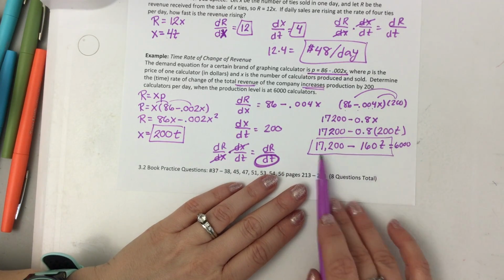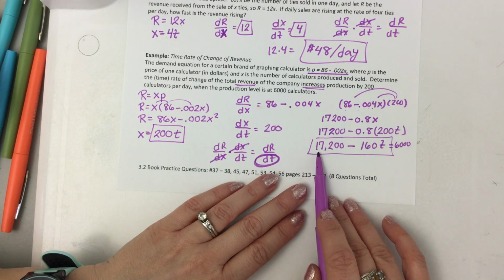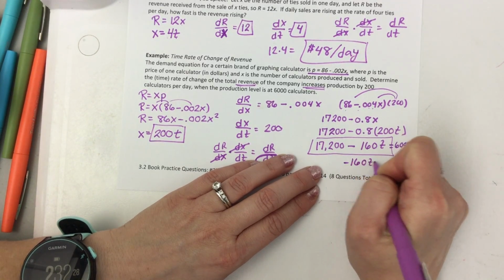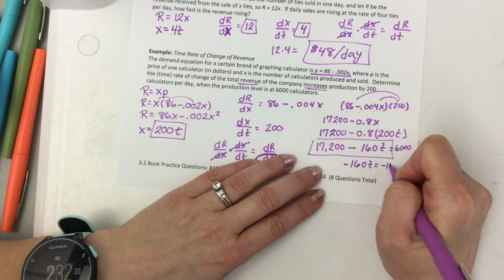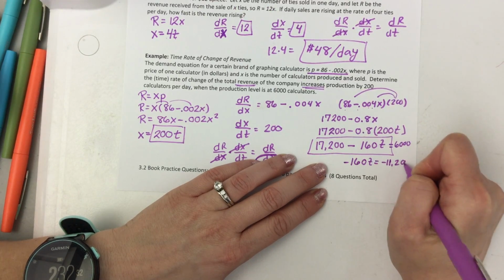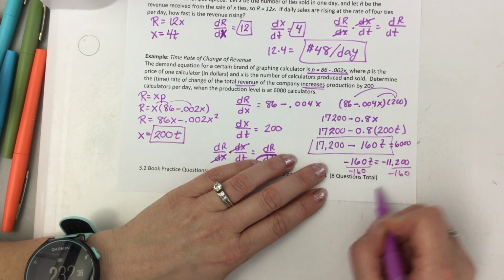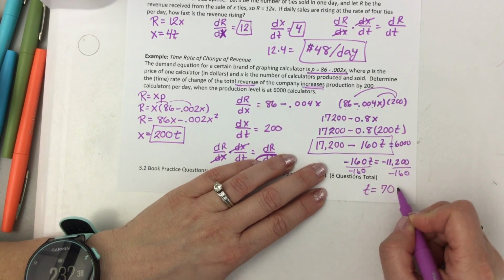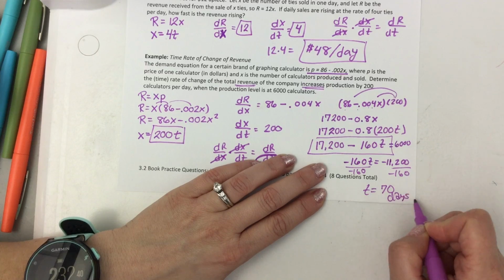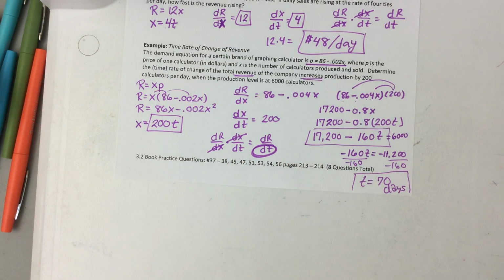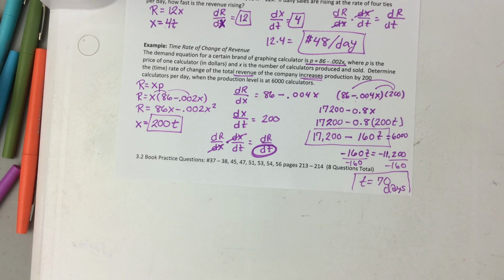So now I'm just solving. If I subtract 17,200, I would have negative 160t equals negative 11,200. Divide both sides by negative 160, and t would be 70. And remember, t is an increment in days. So this is just another look at the chain rule.